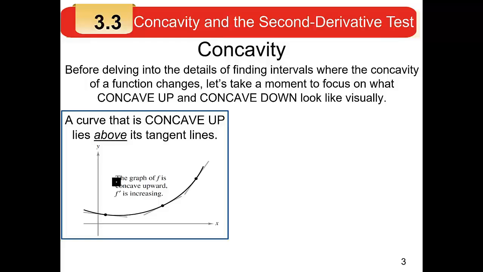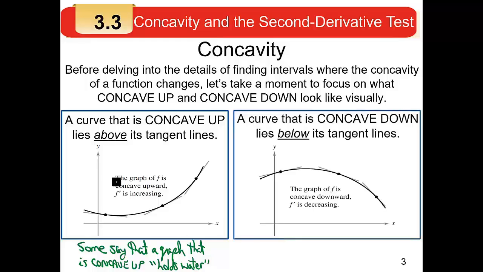The graph is concave up if it lies above its tangent lines. Or another way to say that is that the tangent lines lie below the curve. That's a region where the function is concave up. Some people say it this way, that over an interval where a function is concave up, it holds water. And you can sort of see what they're talking about there.